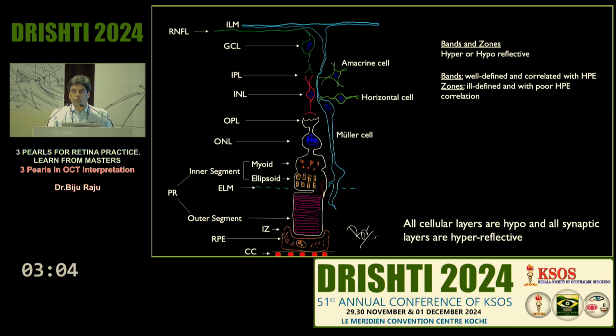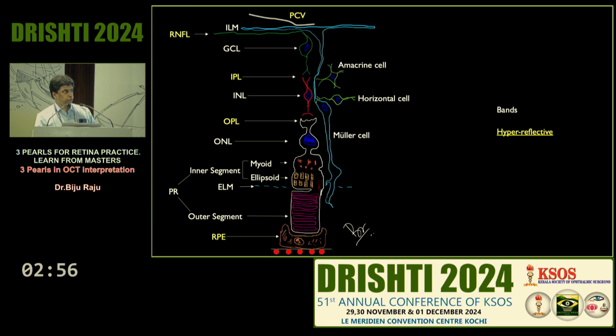And as a general rule, all cellular layers are hyporeflective, and all synaptic and nerve fiber layers are hyperreflective. So it's no surprise that when you look at the hyperreflective bands, all the synaptic layers and the nerve fiber layer, along with RPE, of course, with the melanin, are hyperreflective. They are the bands. And the hyporeflective bands, as you guessed, are all the cellular layers of the retina.